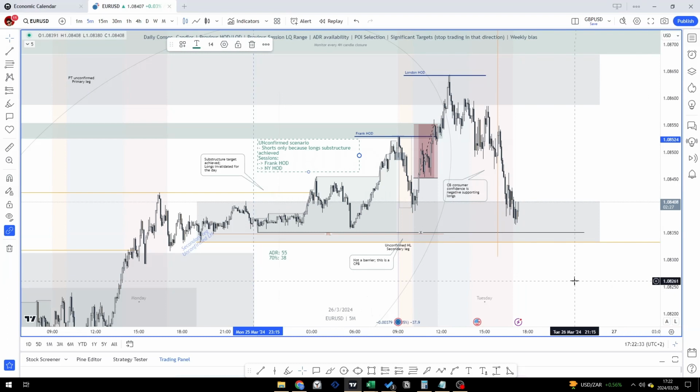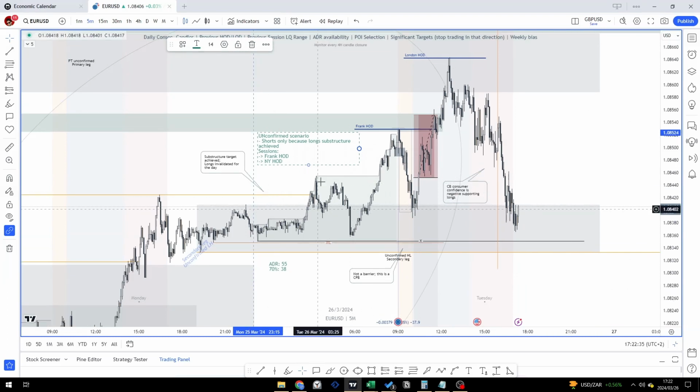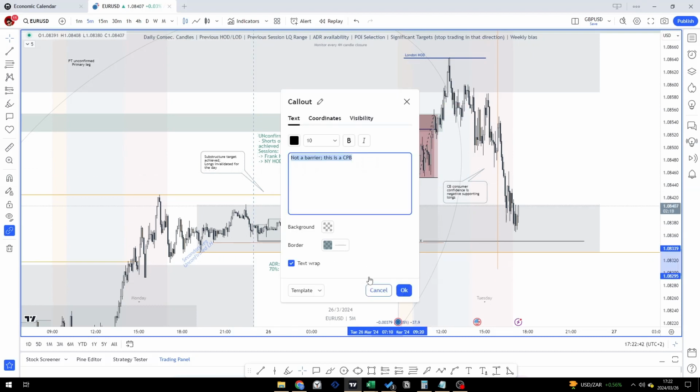What I did mention is that the substructure high was achieved in the current day and that longs were invalid, and that still holds true. However, this is a barrier, not a CPP, under the unconfirmed higher low validated, unconfirmed lower high validated scenario.